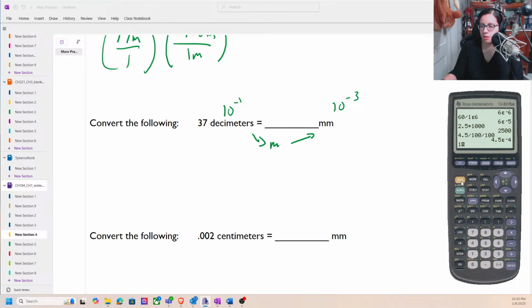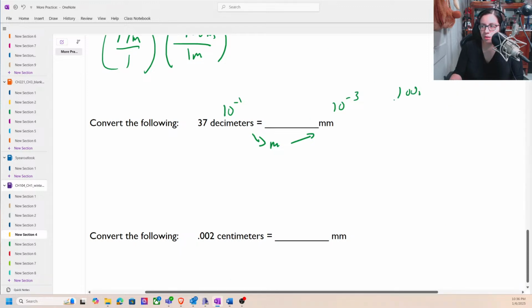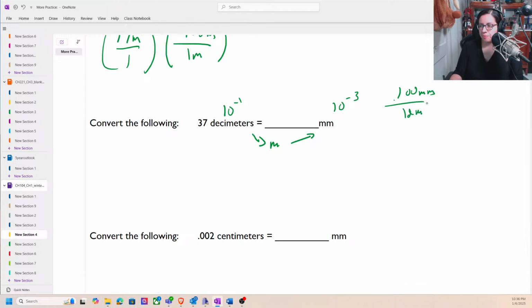So 1 times 10 to the negative 1 divided by 1 times 10 to the negative 3. We have a factor of 100 between them. So that means that there's 100 millimeters in 1 decimeter.